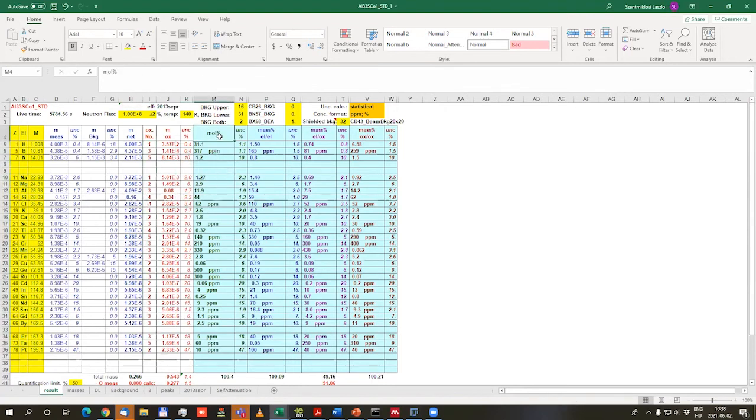So we provide you with 4 columns as a result. This is the atomic concentration, molar concentration. This is elemental weight concentration. And this is elemental weight per all oxides, like in X-ray spectrometry.